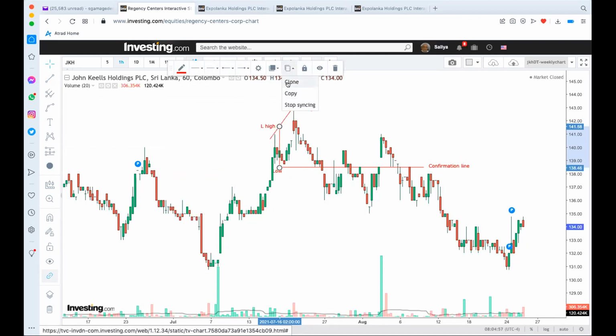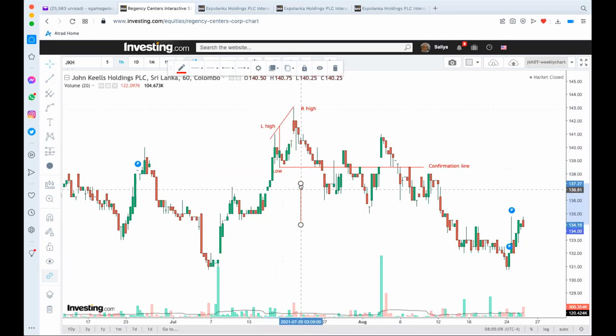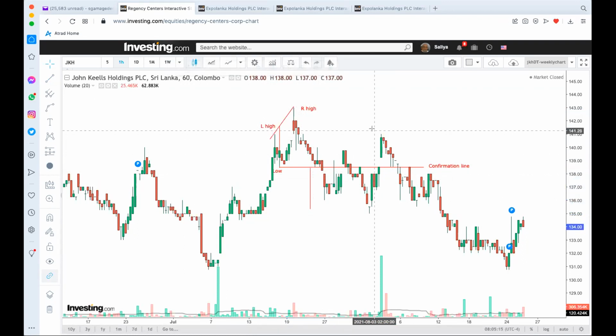We go to the clone. Then you will see another new vertical line is created. You click on that and bring it down where the top of that line is on top of the confirmation line. Hope that was clear.